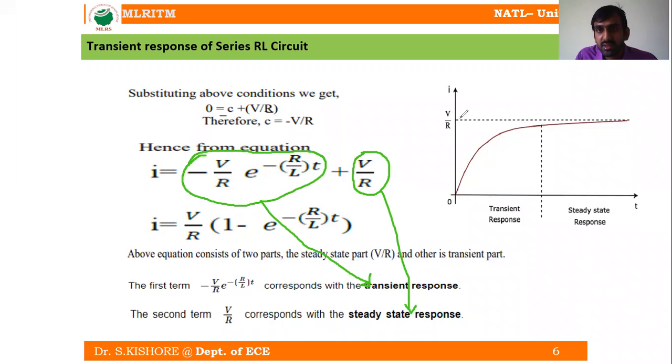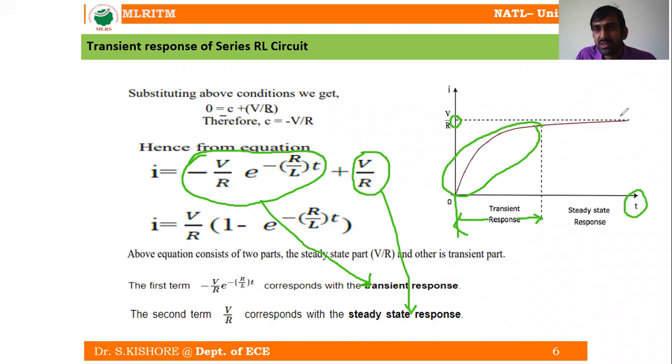The steady state value is V by R here. So when the response is transiting from 0 to V by R, this short spell of time is your transient response. With respect to the x-axis, this is your transient time.